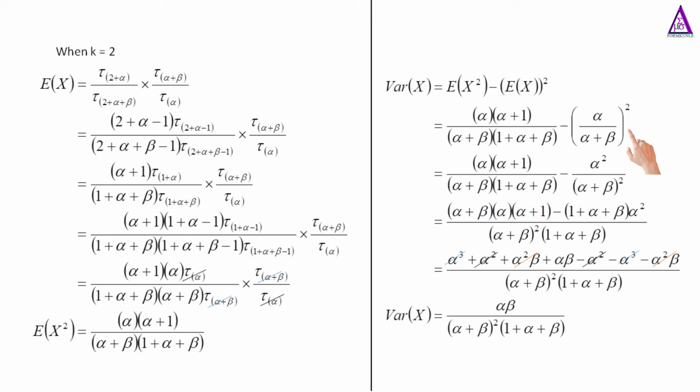Now minus the expected value of x all raised to power 2, which is alpha divided by alpha plus beta. And we have the third equation, which is alpha into bracket alpha plus 1 divided by alpha plus beta, open bracket, 1 plus alpha plus beta minus alpha squared divided by alpha plus beta all squared.